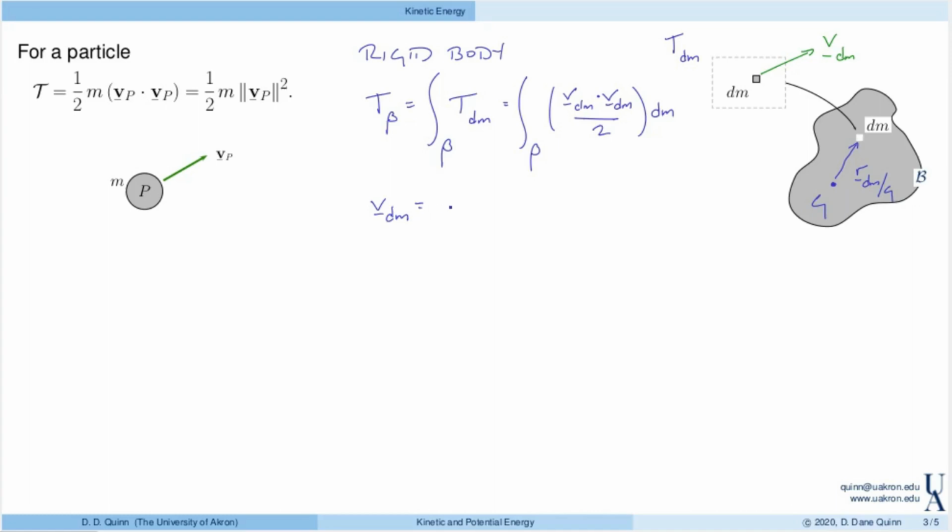V of dm is the velocity of G plus the angular velocity of the body cross r of dm with respect to G. Right? So again, this is the angular velocity. This is going to be very important.